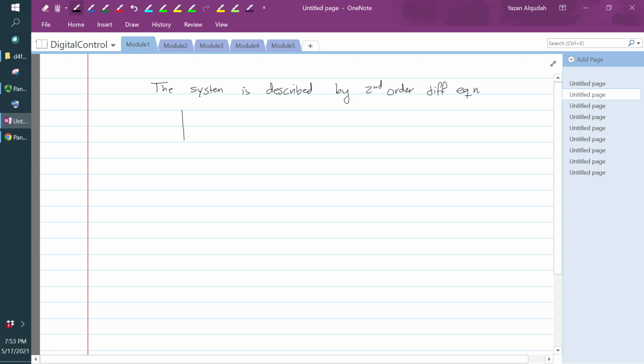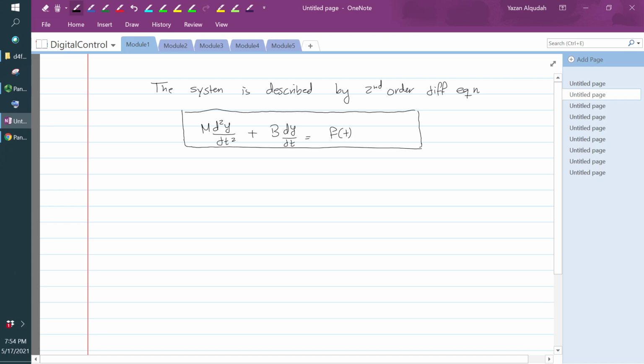And this equation states that the mass multiplied by the acceleration, which is the second derivative of y, is equal to the force minus the damping force, or we can write this as the mass multiplied by the acceleration plus b multiplied by dy by dt is equal to the force that is acting upon this mass.